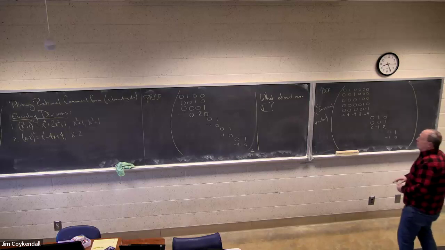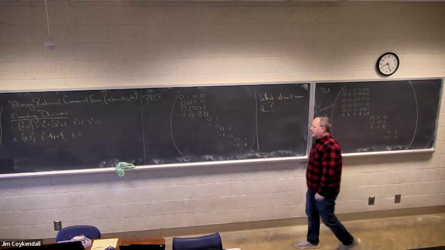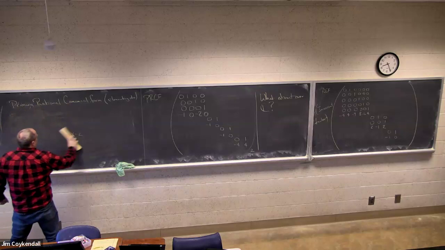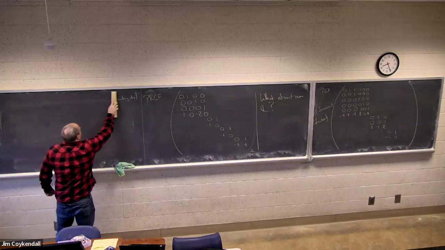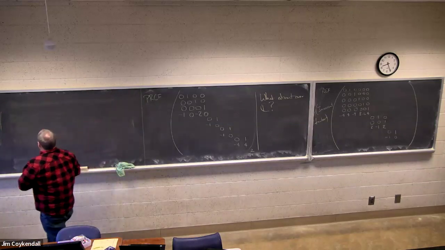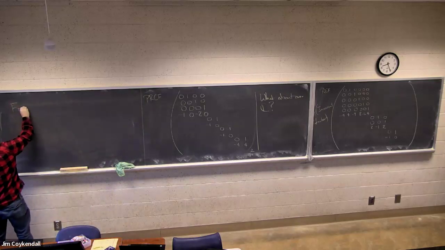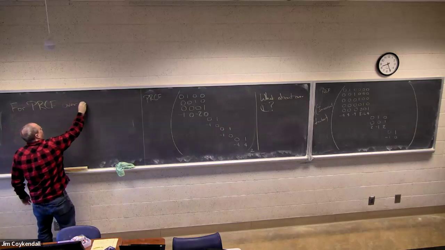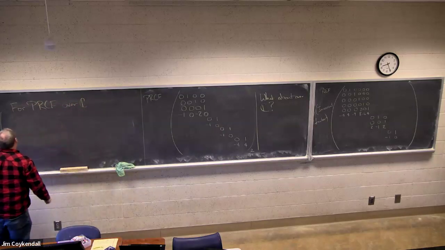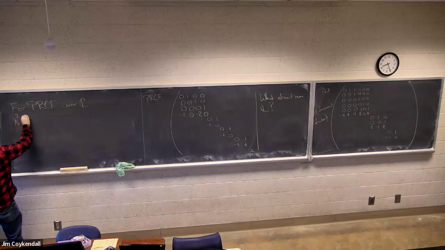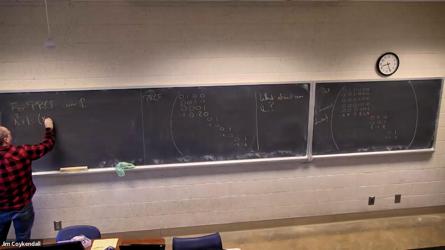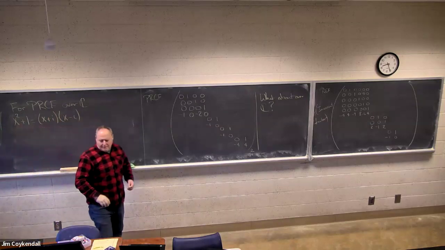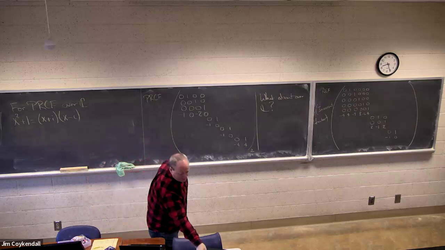But when I want to go to primary rational canonical form, notice that that's the way that you actually break down.